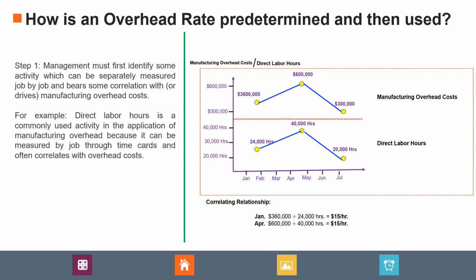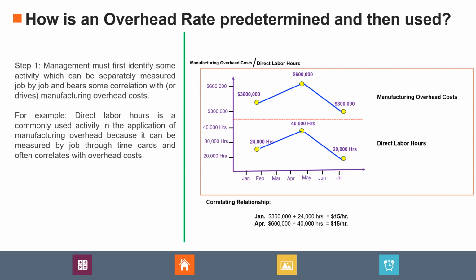That relationship seems to run at about $15 an hour. And so it is totally appropriate for me to select direct labor hours as the activity upon which manufacturing overhead costs are going to be applied to jobs, because we can measure direct labor hours job by job, and we kind of know the average manufacturing overhead cost per hour.